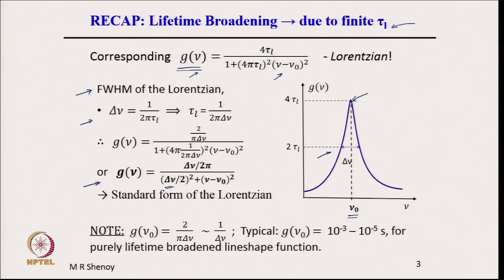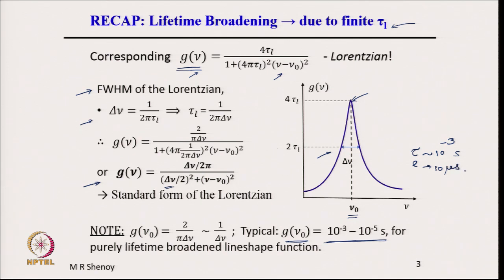and we know that delta nu is equal to 1 by 2 pi tau L and therefore, g of nu 0 is of the order of tau L. If you were to put some value for g of nu 0, this is the kind of numbers that you would get, 10 power minus 3 to 10 power minus 5, because we know that the lifetime particularly of the laser levels is typically of the order of 1 millisecond, that is 10 power minus 3 second, to 10 microseconds.